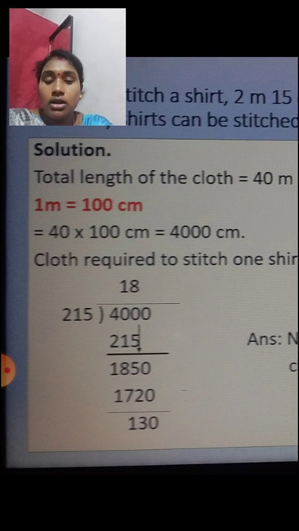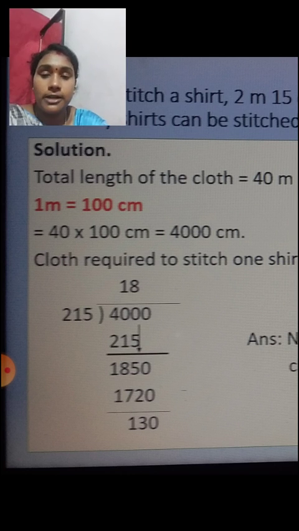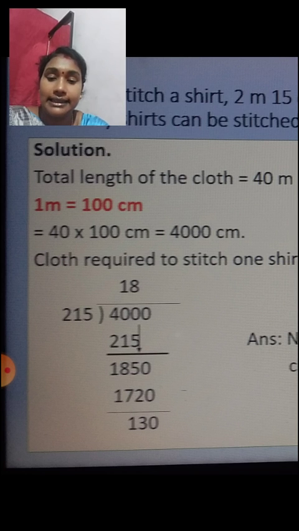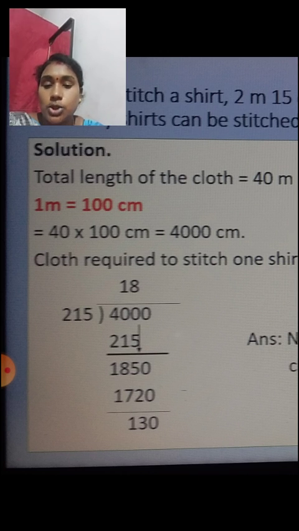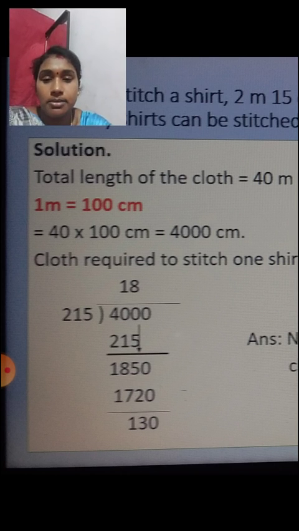At the bottom of your page, you just calculate and see how many times 215 goes into 1850. It will go in 8 times, and 215 into 8 is 1720. When you subtract 1720 from 1850, you get 130 as the remainder.